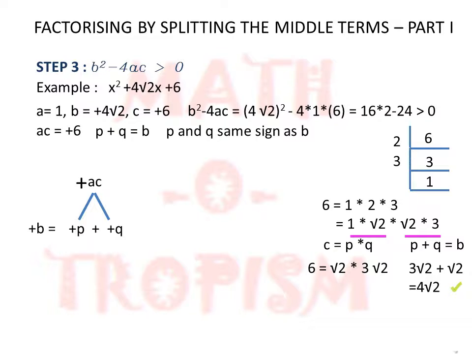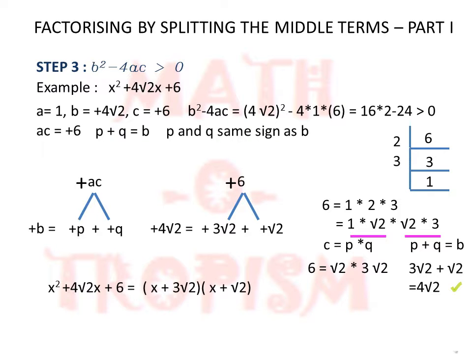So I am splitting 6 into 3 root 2 and root 2, and since b is positive and ac is positive, p and q are also positive. So x square plus 4 root 2x plus 6, when factorized, is (x plus 3 root 2) into (x plus root 2).